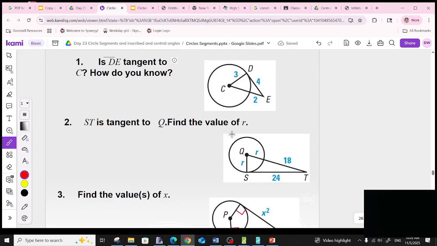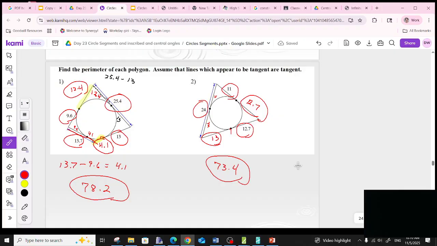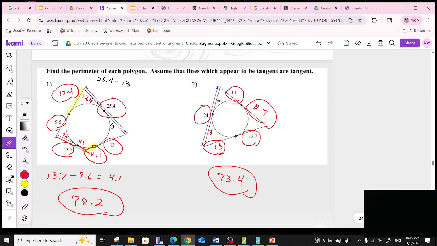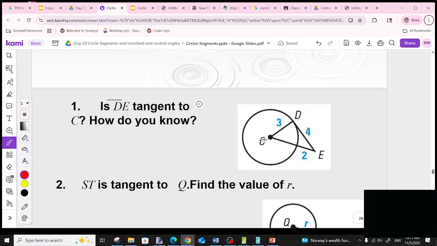Go and try and do 1, 2, and 3 and tell me what you get. Can I give you a hint for number 1?